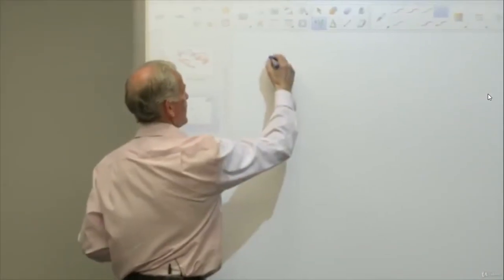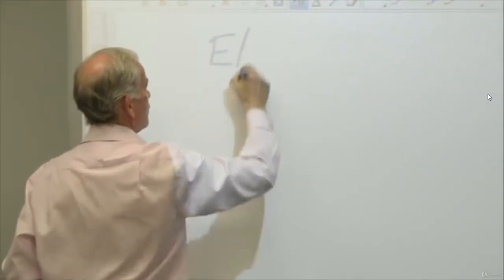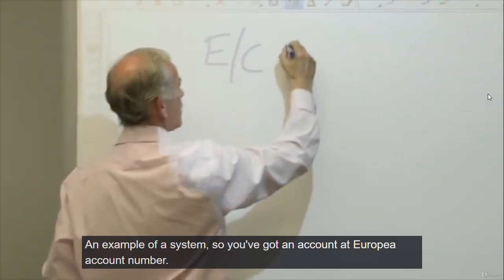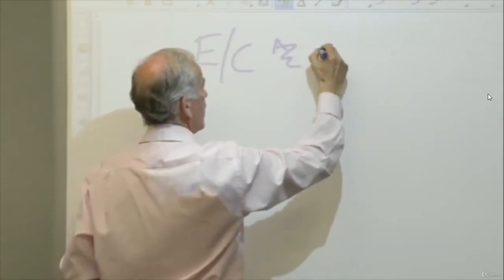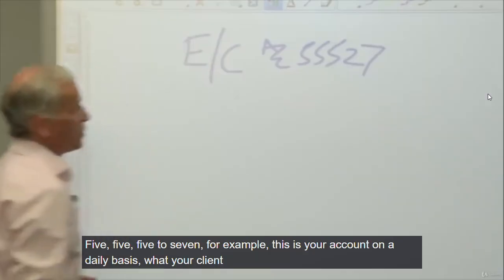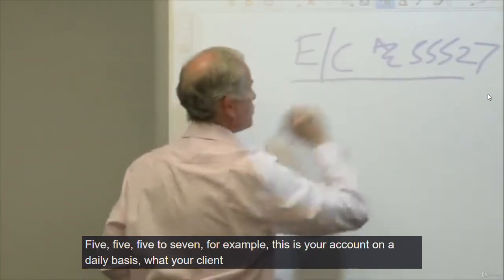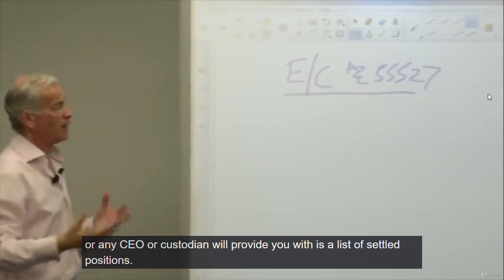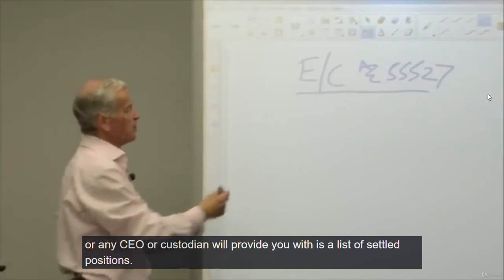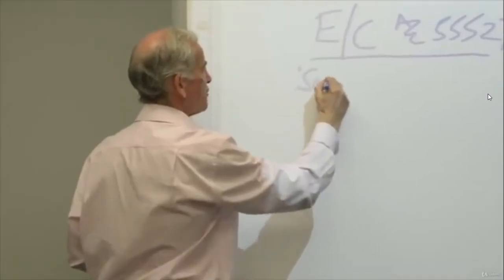If we take an example of a CSD, so you've got an account at Euroclear, account number 55527, for example. This is your account. On a daily basis, what Euroclear or any CSD or custodian will provide you with is a list of settled positions.